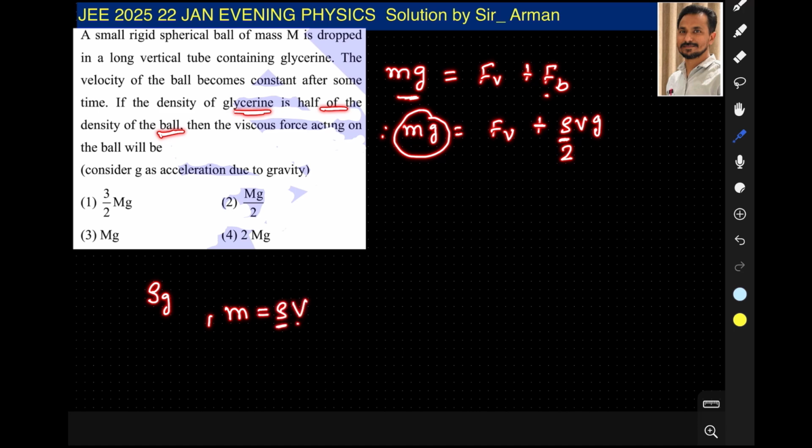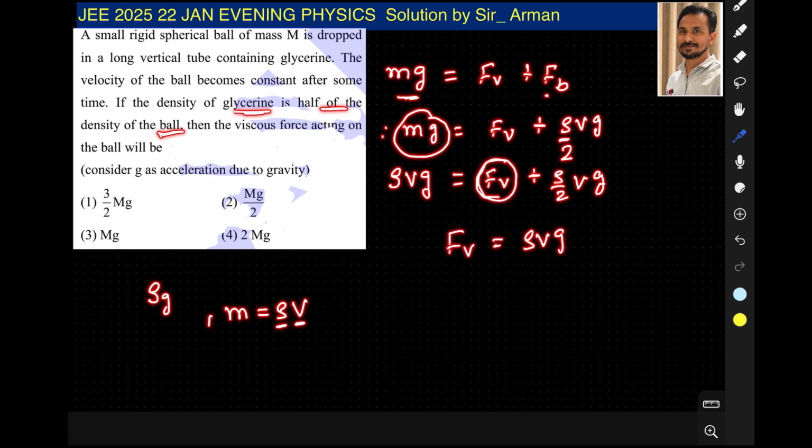This is the density of the ball and the volume of the ball, so I can write it as rho Vg is equals to Fv plus rho by 2 Vg. Now what we will do, we will make viscous force the subject. So F viscous is equals to rho Vg minus rho by 2 Vg. Now if you solve this, you will get rho Vg by 2.